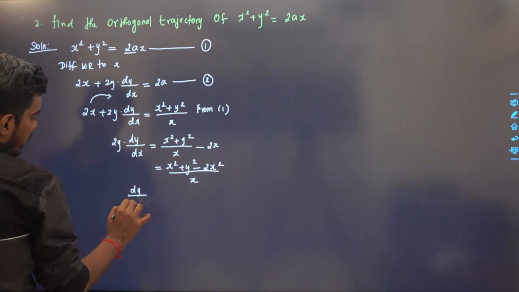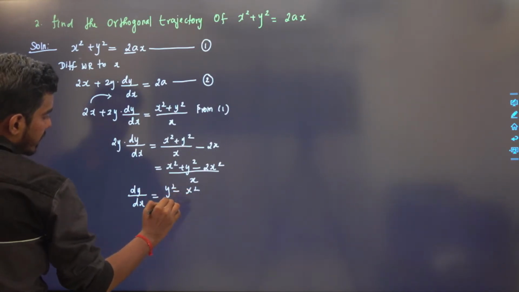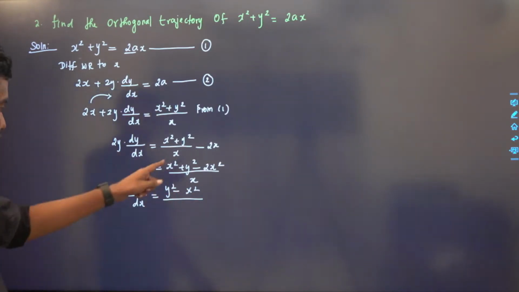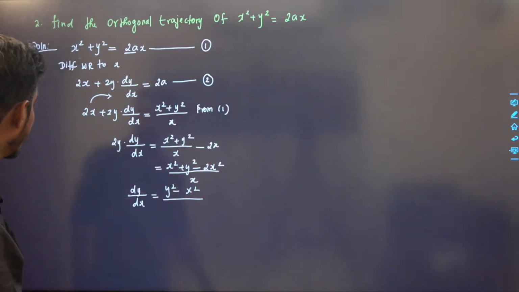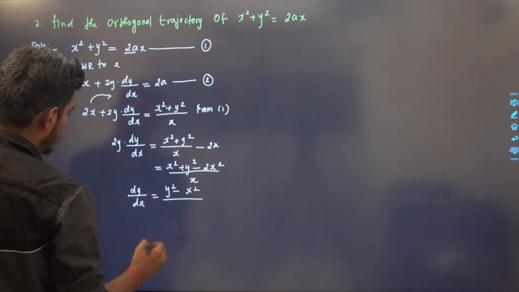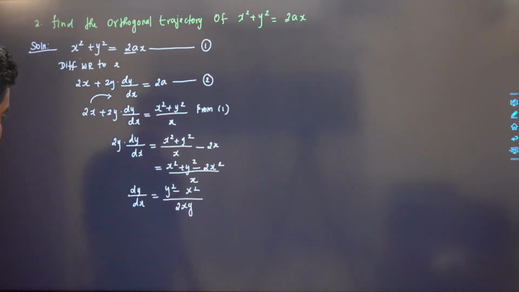So we will have dy by dx is equal to y square minus x square divided by 2xy, right? I have just multiplied this 2y here.